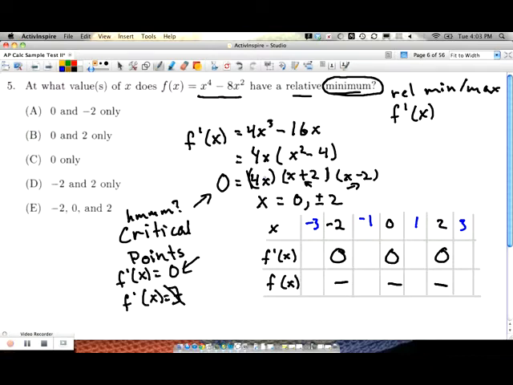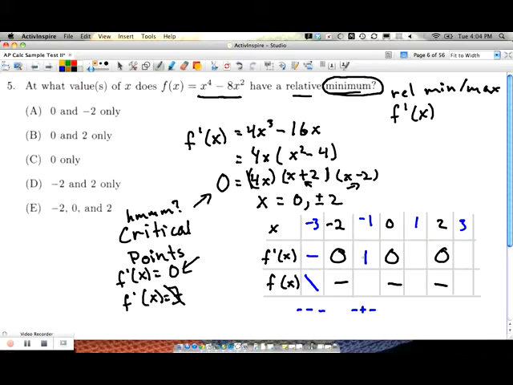If I plug in -3 into the first term, that's a negative. So it's going to be a negative times a negative times another negative. 3 negatives, that makes negative. That means our function is going down. Then when I plug in -1, that's going to be negative for the first term, positive for the second term, and negative for the third term.